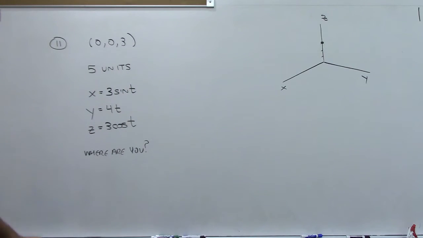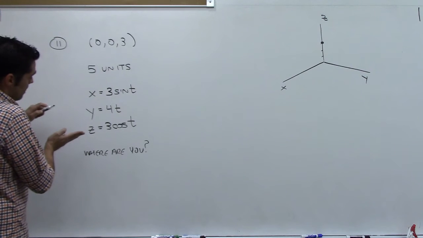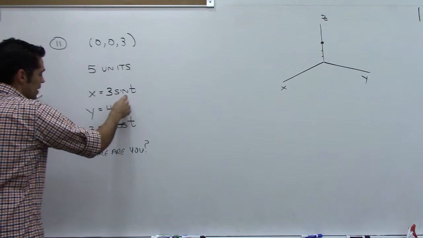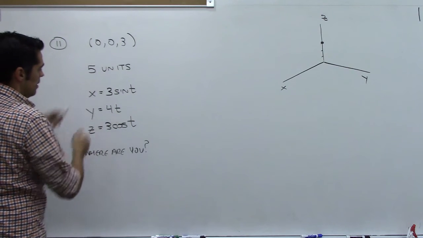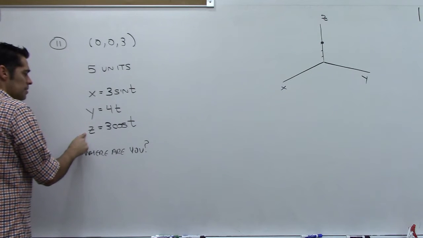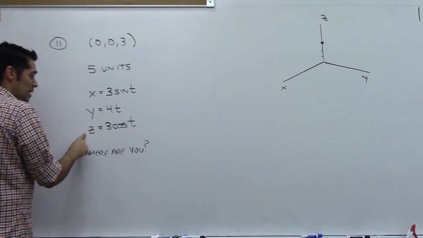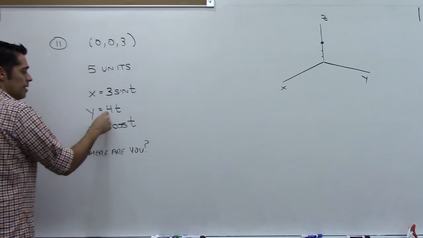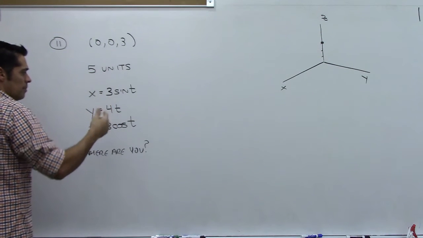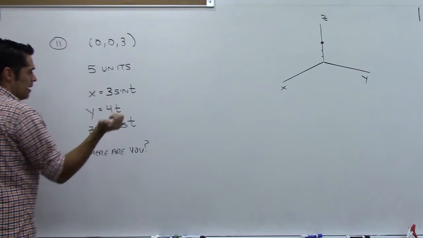So we talked about this in class that if you have like 3 cosine t, 3 sine t, that should draw a circle. And since I'm using the x and the z variables, that means it's going to draw a circle in the xz plane. And then the y coordinate is a linear function, which means that I'm going to be drawing circles, but at the same time going out the y-axis.